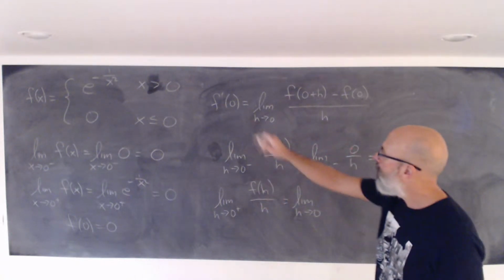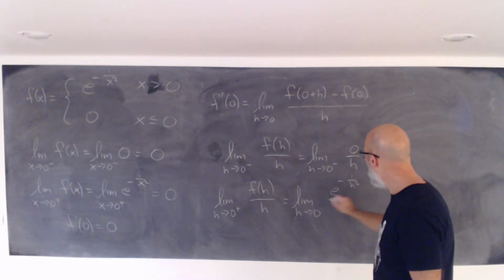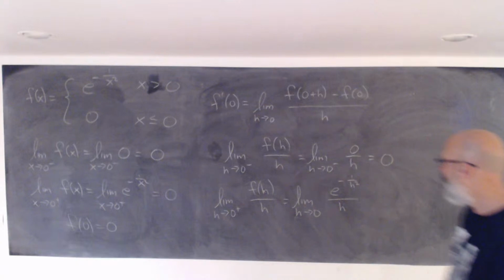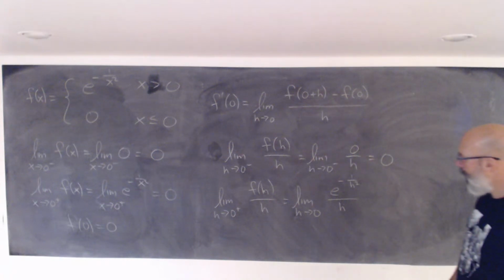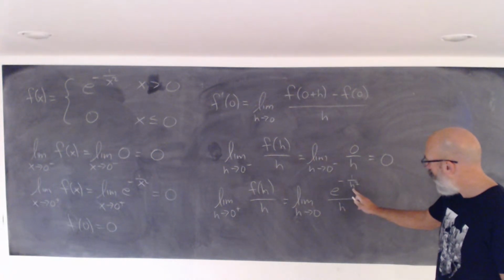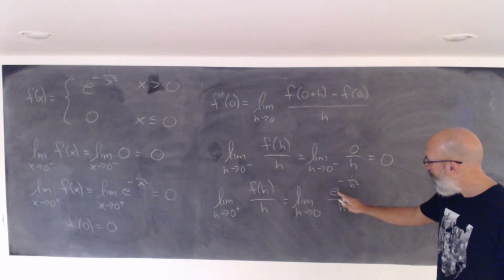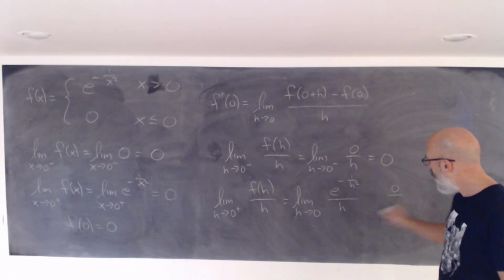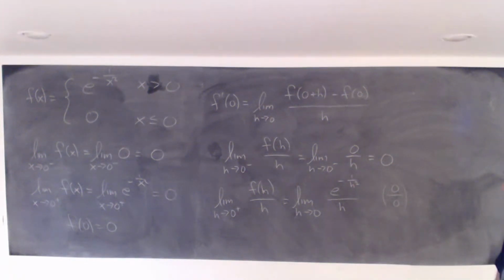f of h is e to the negative 1 over h squared. So as h goes to 0, this goes to infinity. e to the negative infinity is 0. And this is 0. So now you've got a 0 over 0. You can apply L'Hopital's rule.